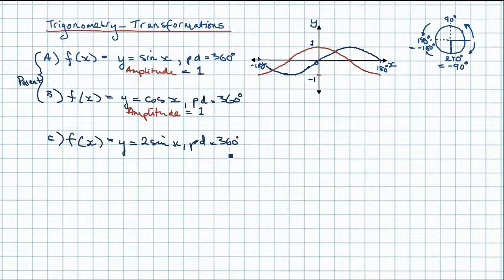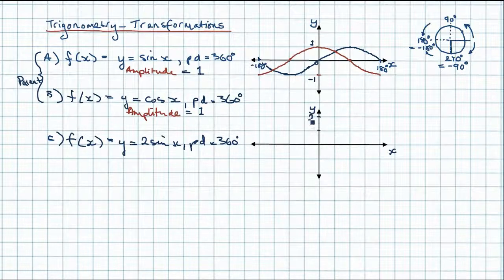If I draw another pair of axes here, what we've done is we've doubled any value that we're going to get back. What is the value that we're going to get back? In other words, what's the output value? It's the value on the y-axis, so it's the y. So if we've doubled the y, then 1, which was the amplitude, is now going to become 2.